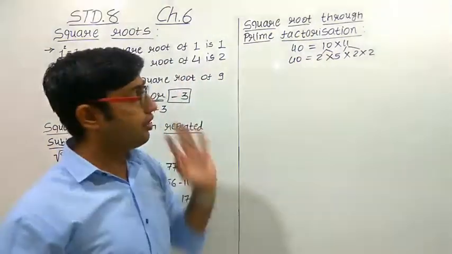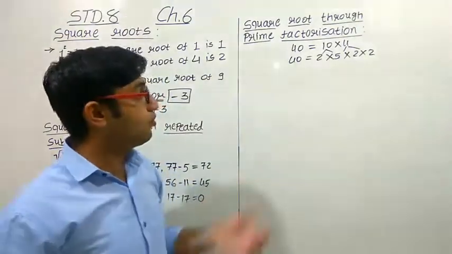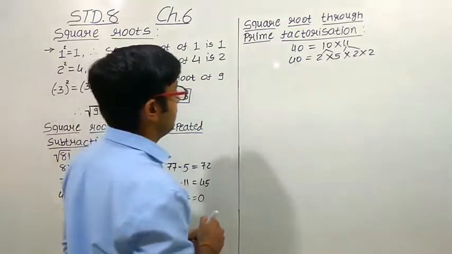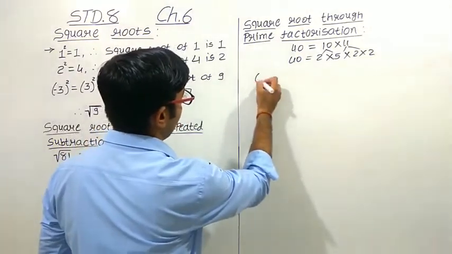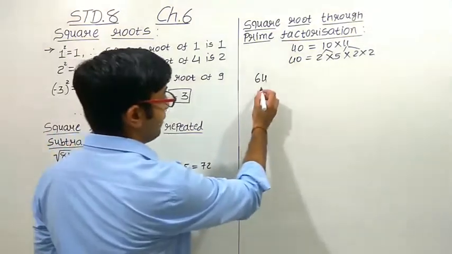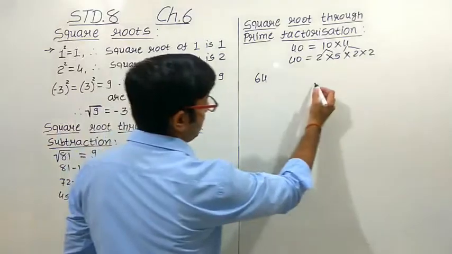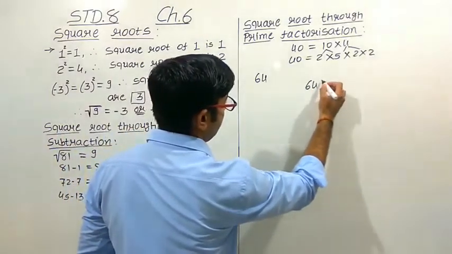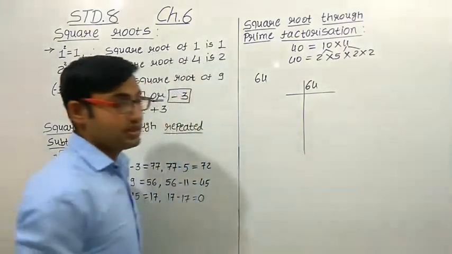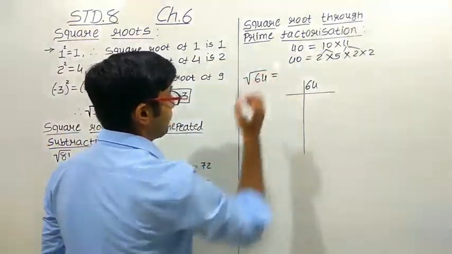We use this method to find the square root of a number. Now let us consider the number 64. First, how can we find the prime factors? Suppose we want to find the square root of 64.